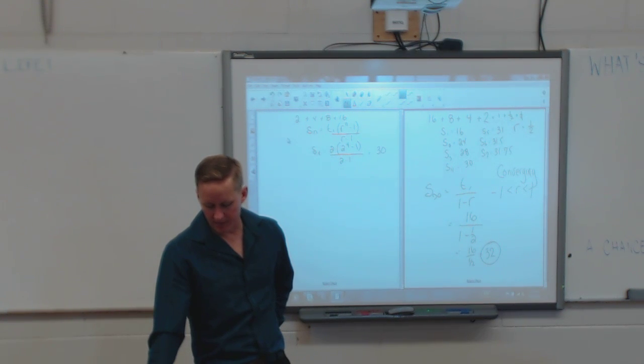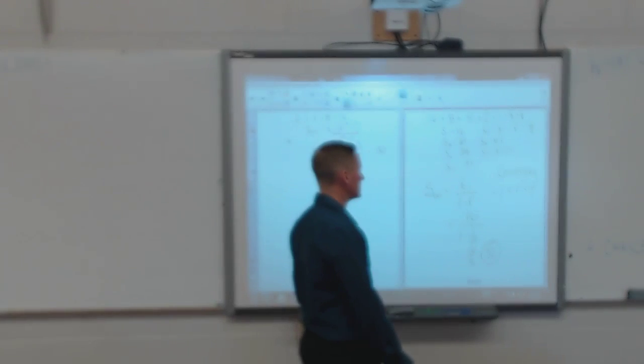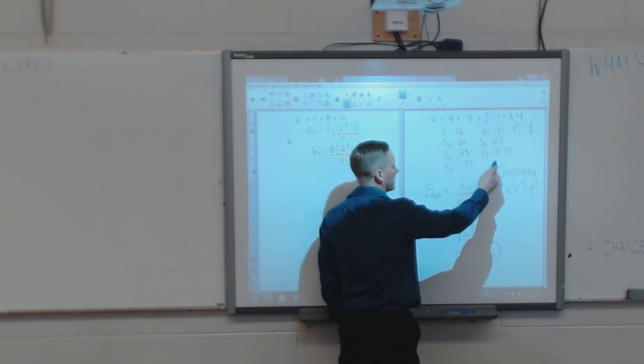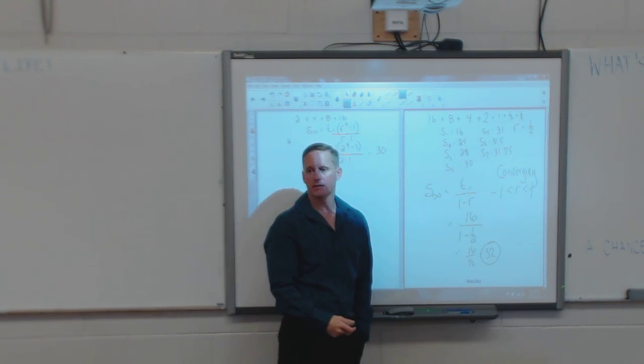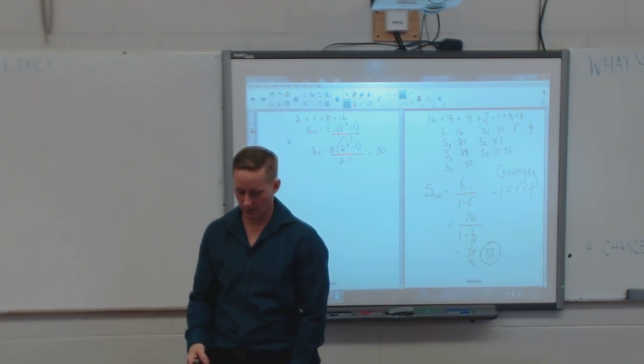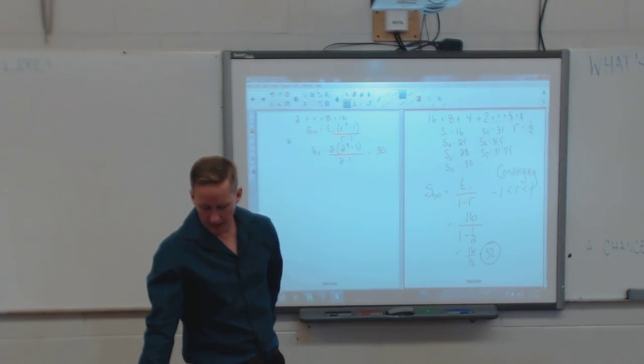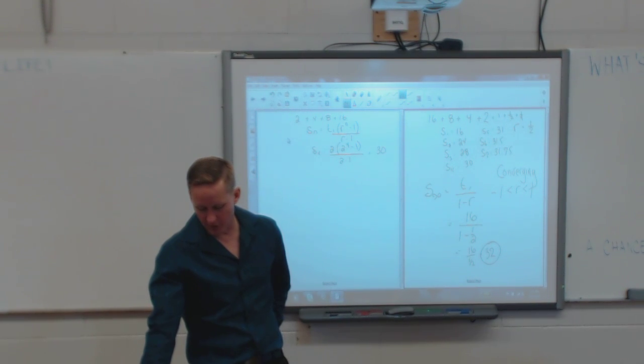To converge on something means to approach it. An infinite series is convergent if the sequence of partial sums approaches a fixed value. So these sums are going to approach 32. It's a finite value. If an infinite geometric series is convergent, the value of the common ratio is a proper fraction between minus 1 and 1.